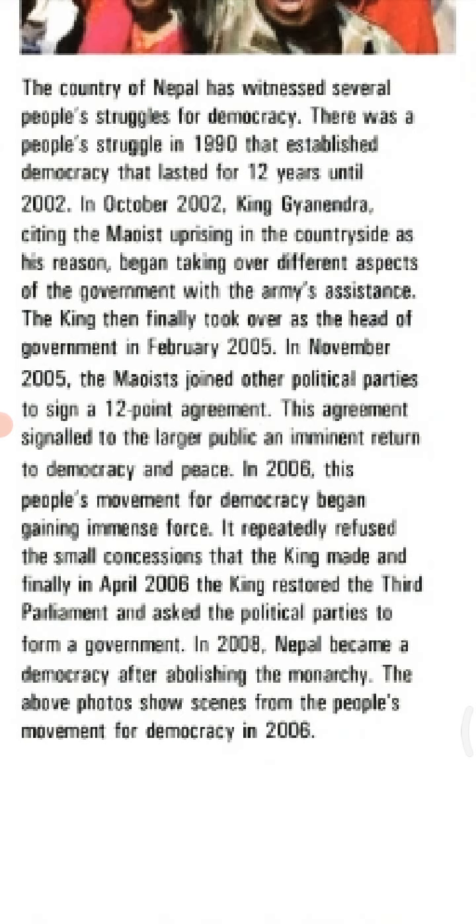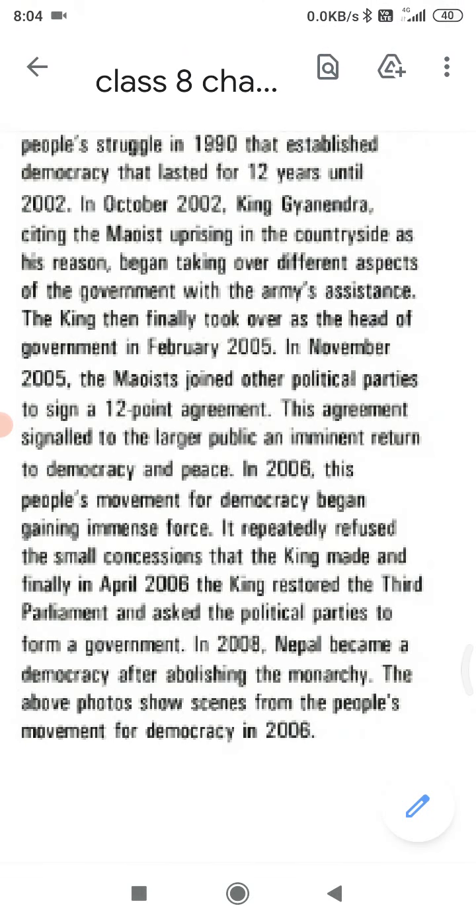The people repeatedly refused the small concessions that the king made, and finally, in April 2006, the king restored the third parliament and asked the political parties to form a government. In 2008, Nepal became a democracy after abolishing the monarchy. Now the rule of the king was abolished.